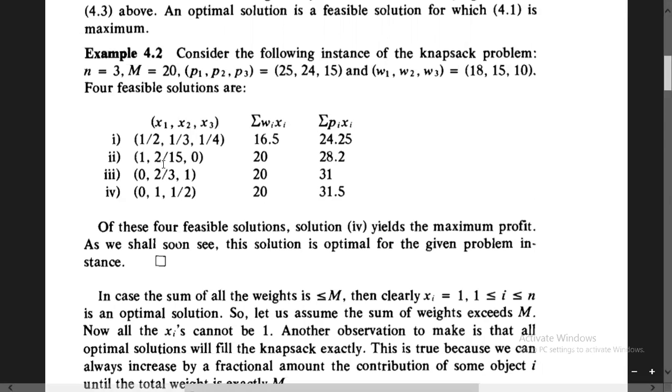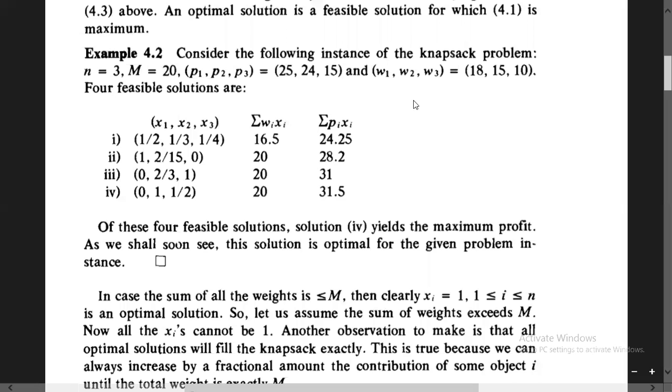Now the next item will give me more profit, isn't it? So I will take the second item now, and the third item I will not choose at all. But what is the capacity? 2 kgs is left. What is the total weight of item 2? 15. Out of 15, I will take 2 kgs, so that is 2 by 15. And what is the total weight?